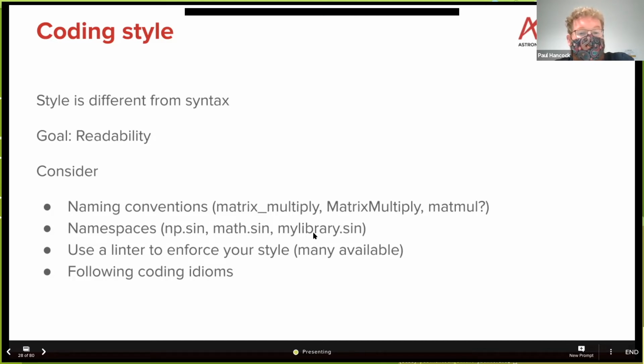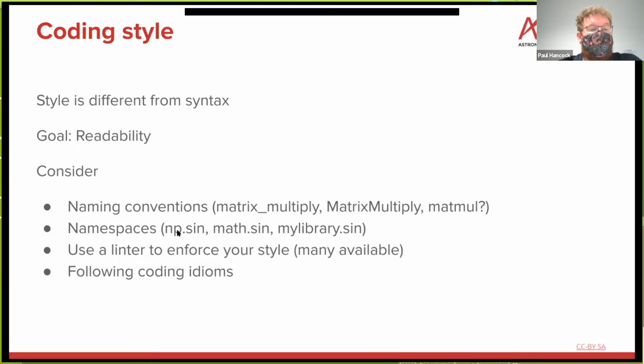It's a few extra characters to type every time you're using the sine function, but at least it lets you understand where that function is being called from. And if there are problems, you know where to look for those problems.